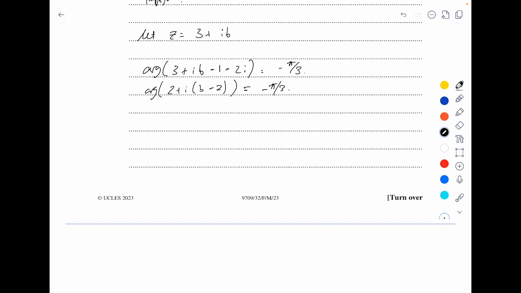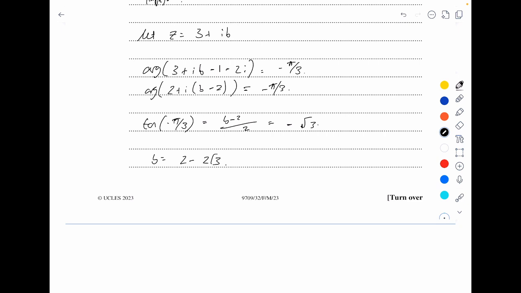Right? Which tells us that tan of negative pi over 3 is equal to (b minus 2) over 2, right? And if we work that out on our calculator, we're then going to get a value of negative root 3. Okay, so what does that tell us? Well, b then is going to equal 2 minus 2 root 3.